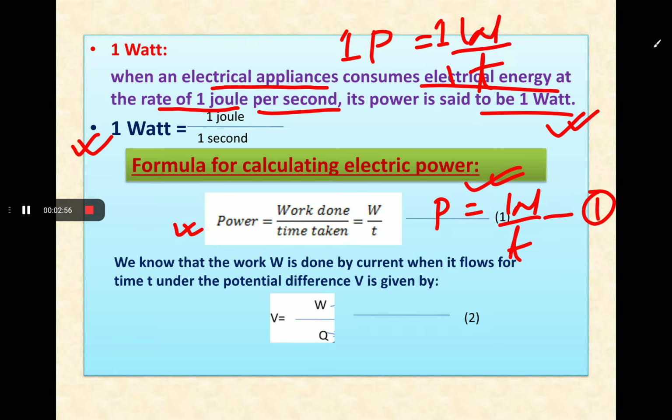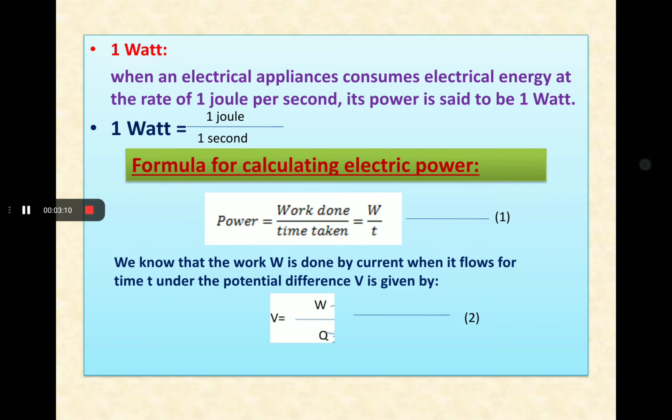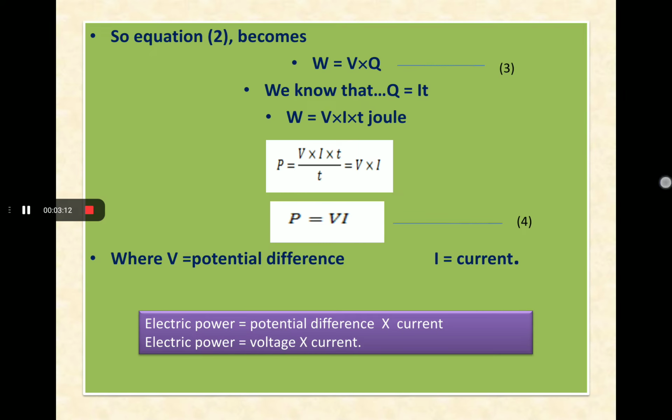Now, we also know the formula of potential difference, that is potential difference is equal to work done by charge. So, this is equation 2. Now, we will use these two equations for the derivation.